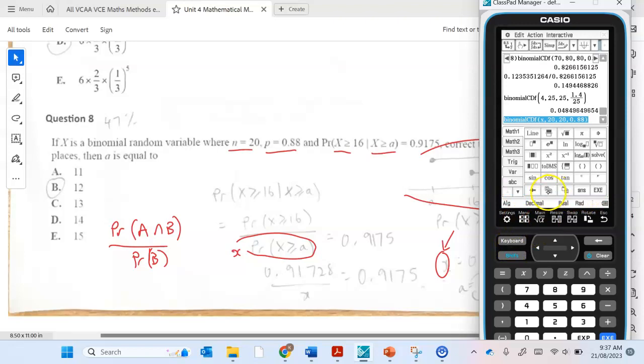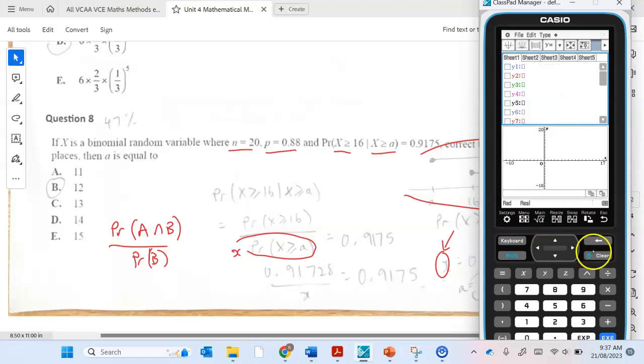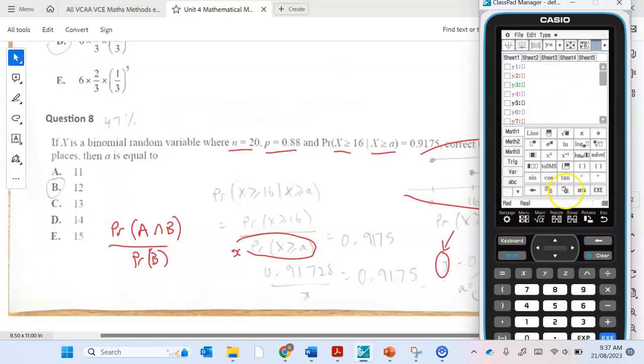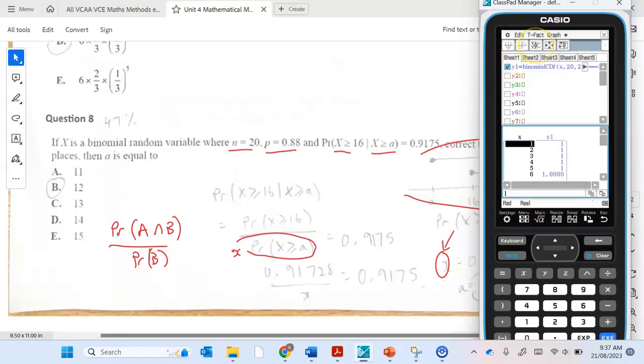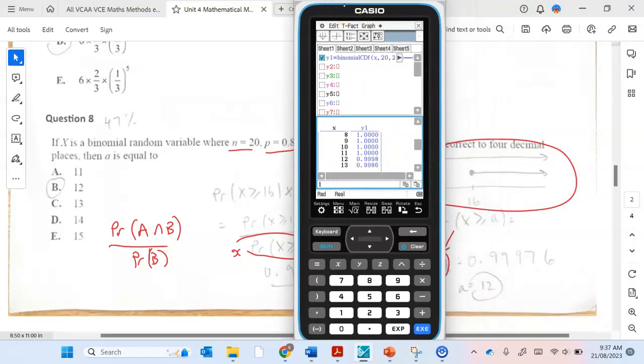All right, copy. So we want to copy that and put it into our graph screen. Clear what we had there. Paste the new one in. Tick. And go to our table. So we keep scrolling. What did we want? 0.99976.